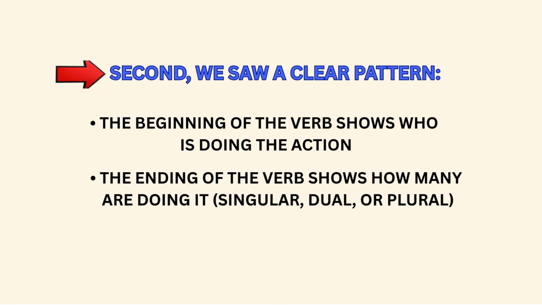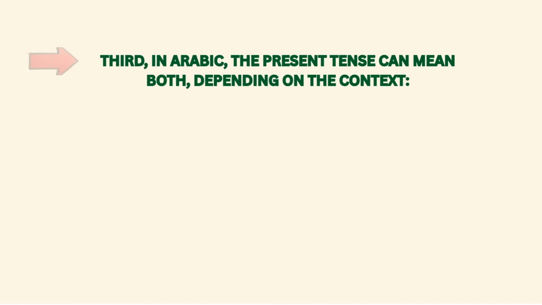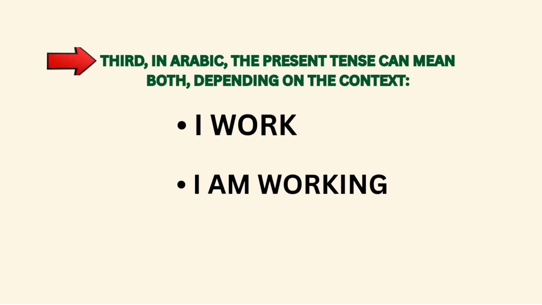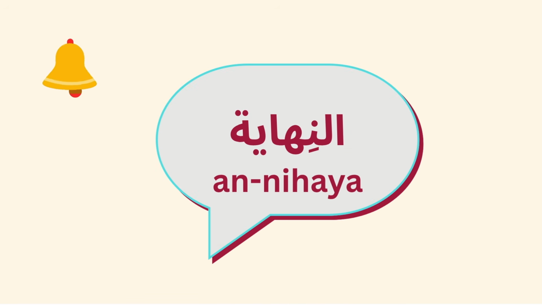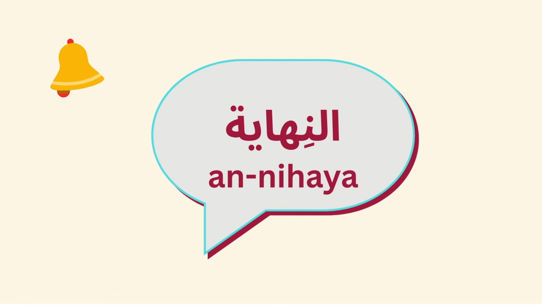The ending of the verb shows how many are doing it, singular, dual, or plural. Third, in Arabic, the present tense can mean both, depending on the context. I work or I am working. In the next lesson, Part 3, we will use all these forms in simple sentences, so stay tuned.